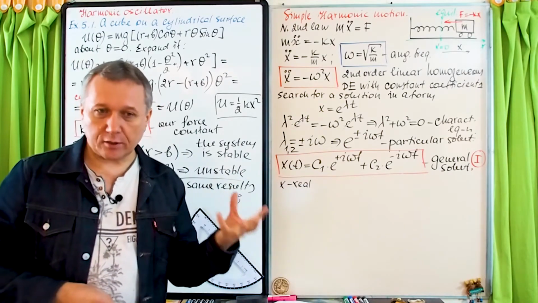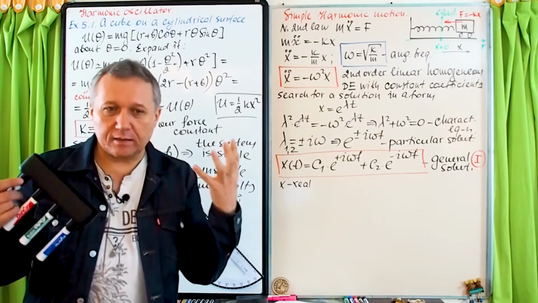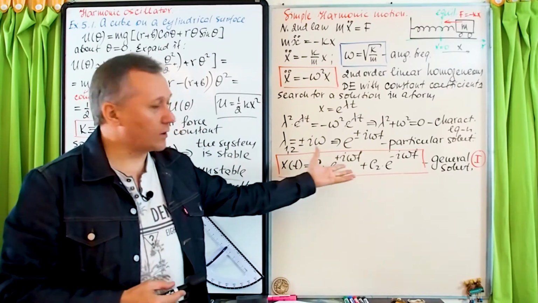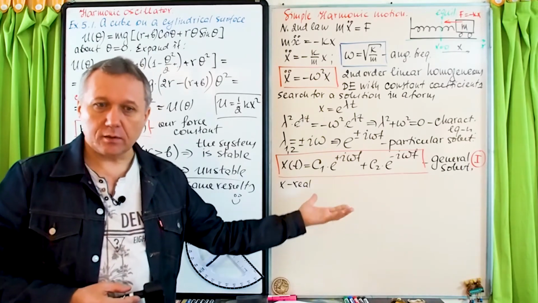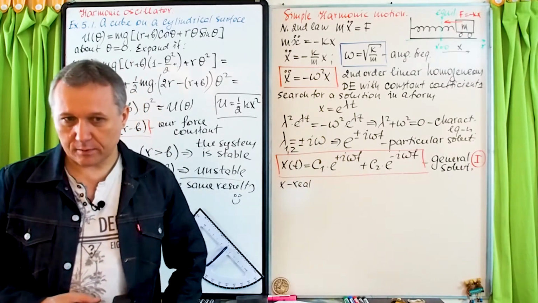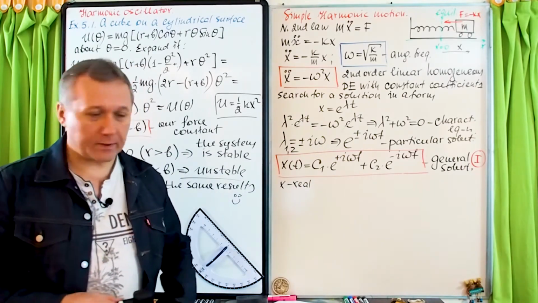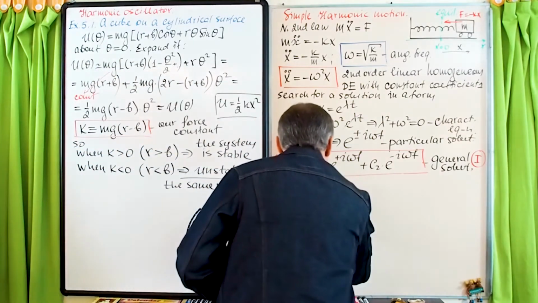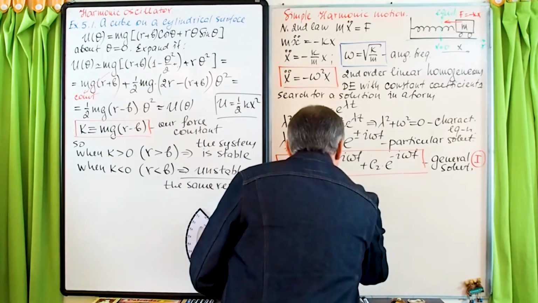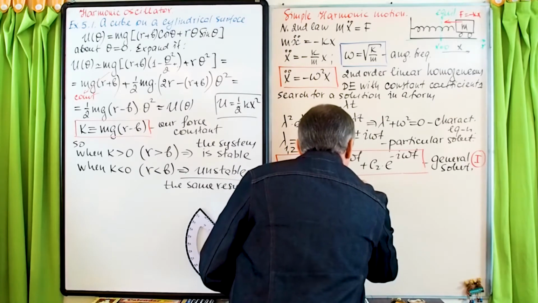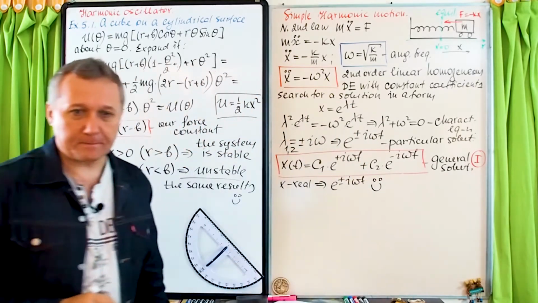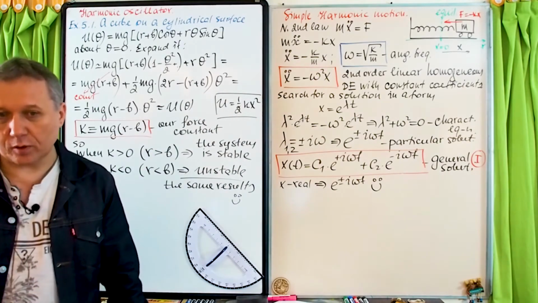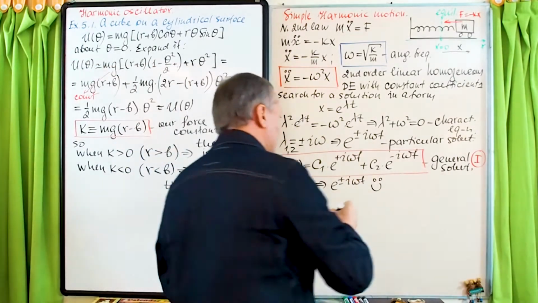The advantage of this solution is that nothing is better than working with exponential functions. The disadvantage is that you have to deal with complex constants. So e to the power of plus minus i omega t is a big smiley face, but c1 and c2 being complex is, of course, a disadvantage.